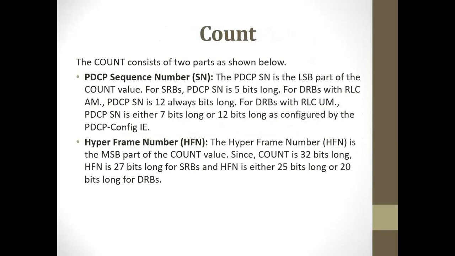However, the PDCP-SN is only 5 bits long for SRBs. It also depends on how quickly it may wrap around, so if there is a very high data rate, with too many data flowing, the receiving end may get confused.